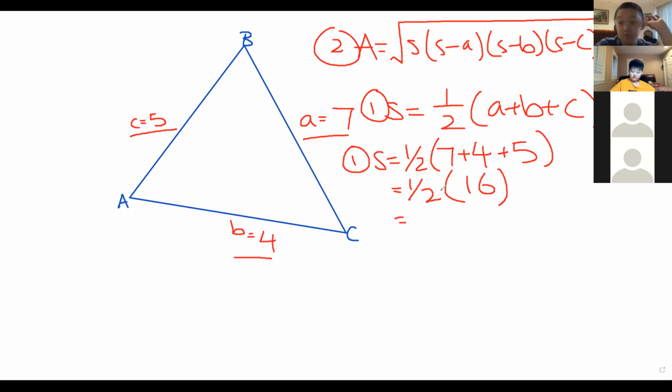So this is half of 16, which means that S is 8. Right? Everyone following along so far? Now that we know S, I also know what A is, B is, and C is. So I basically know all the variables I need.